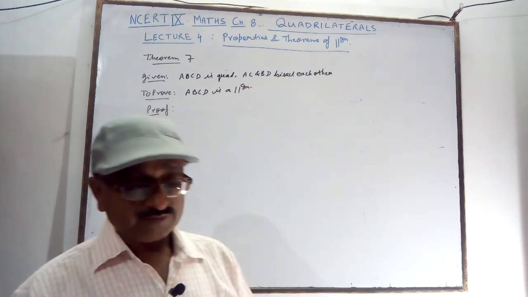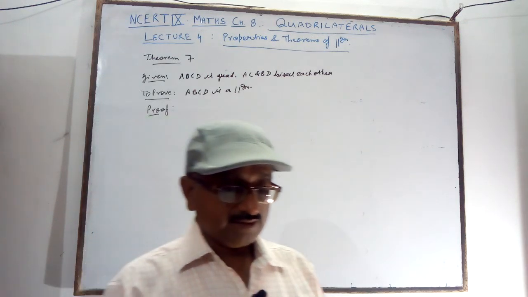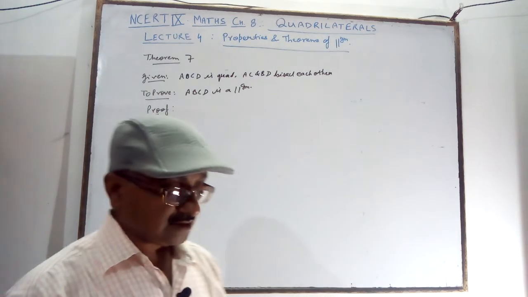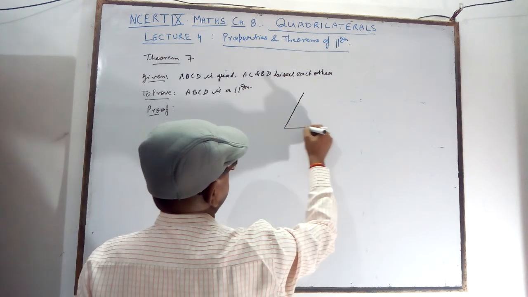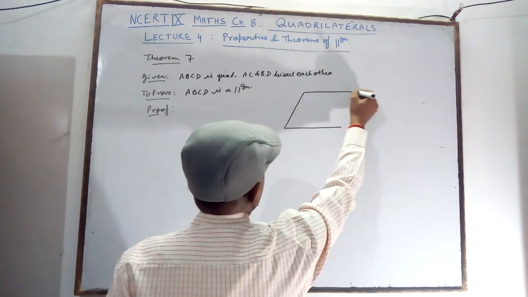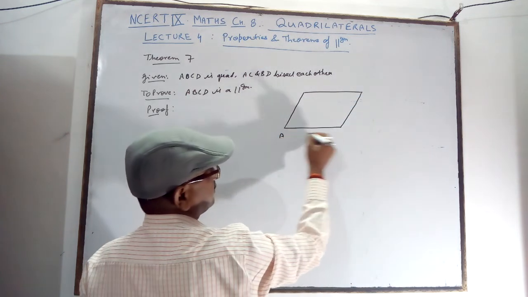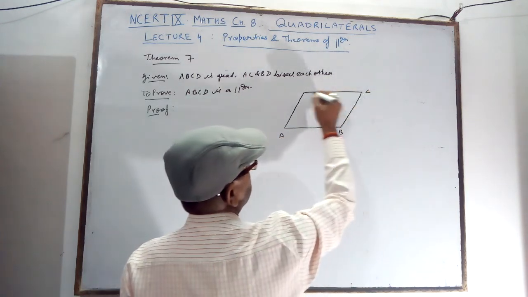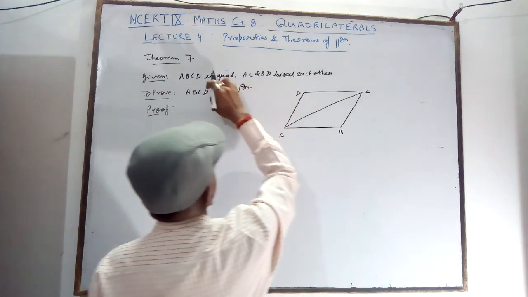For this proof, you will see the properties of what is given. According to this, you draw the quadrilateral. But because you want to prove it is a parallelogram, we will draw a parallelogram ABCD. But you write it is a quadrilateral.